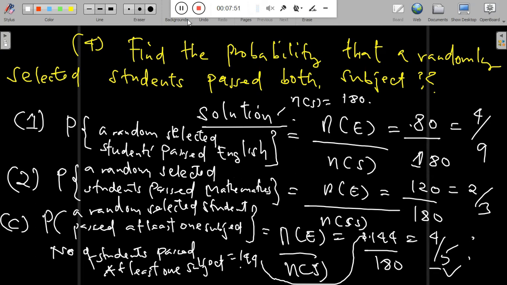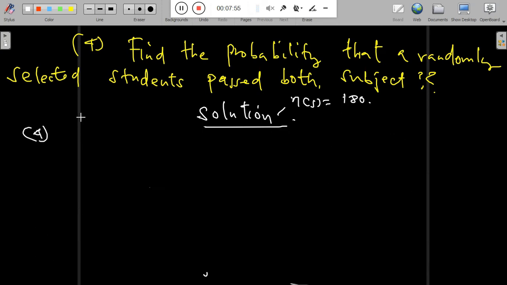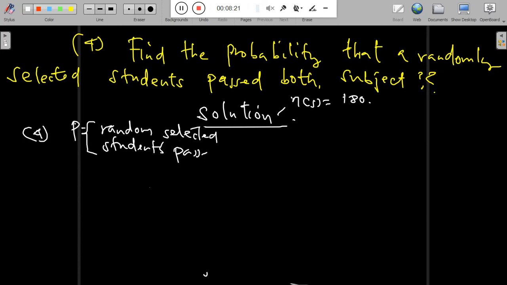So let's come to part 4. We're required to calculate the probability that a randomly selected student passed both subjects. So we consider the probability of the union.